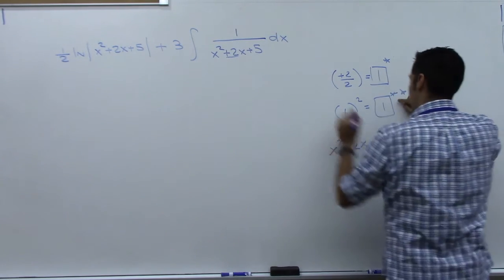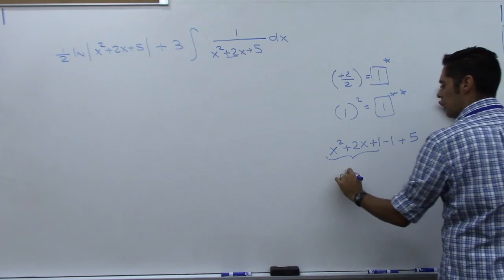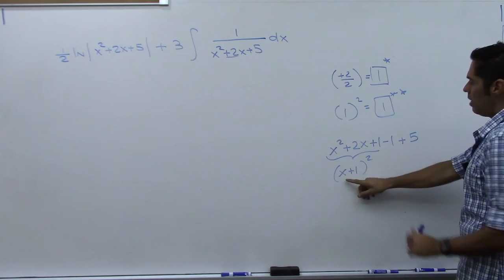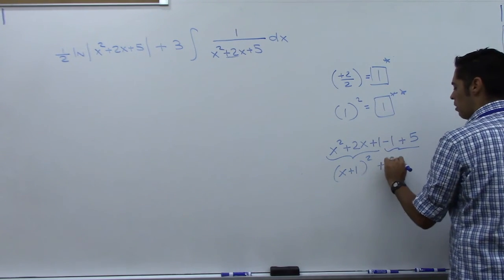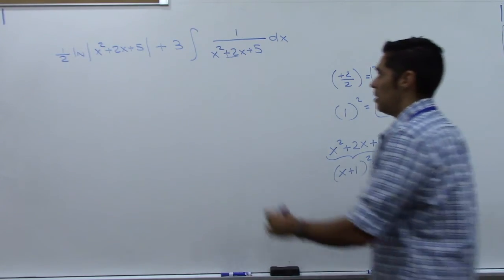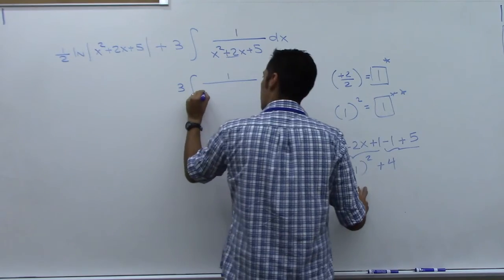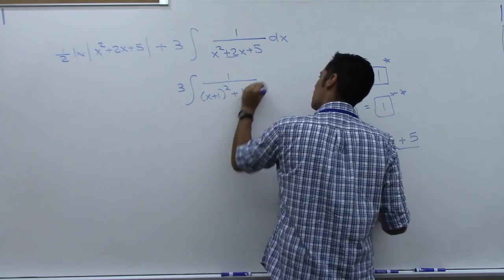But I still had plus 5. These three guarantee to factor to be x and then this number, plus 1, and then squared. And then these two numbers right here give me a 4. And so this integral becomes 3 integral 1 over x plus 1 squared plus 4 dx.